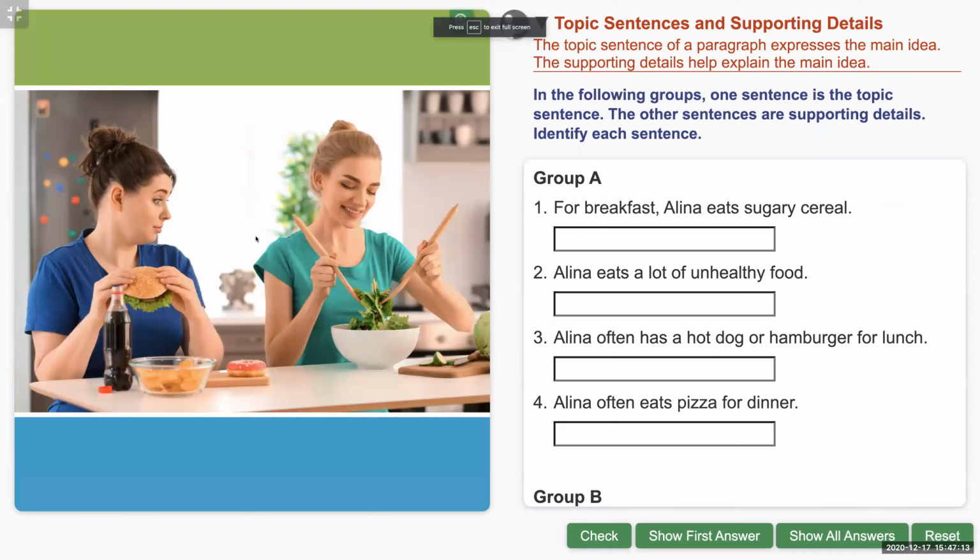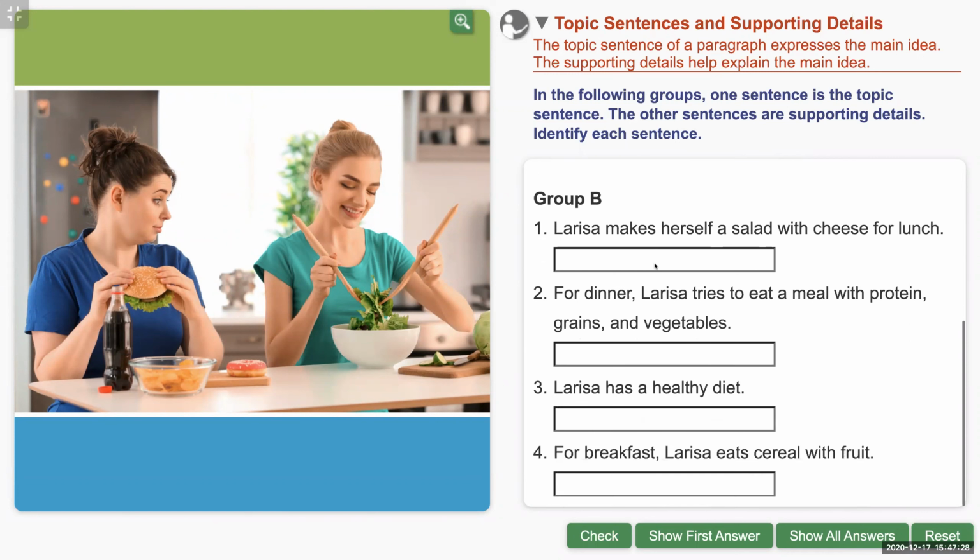So here we're looking at this picture and we're analyzing in groups. Group A, we're going to determine how to answer these questions or how to write more information. Group B, we're going to look at each sentence and then determine what else to write. One of the most important things when we're writing in English is how do we write more information and add more details.